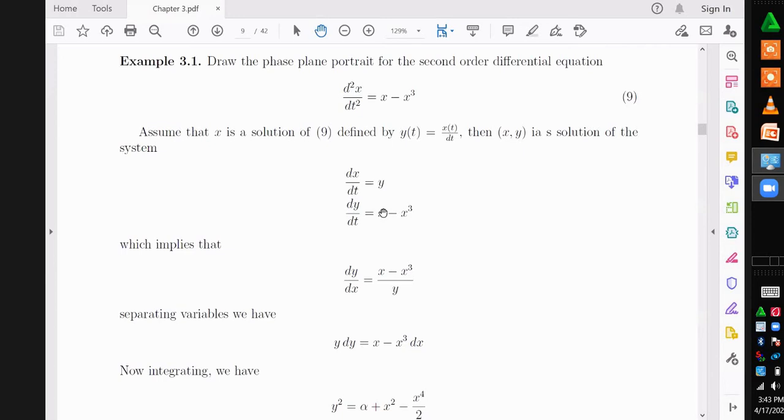Now from here you can see, just dividing these equations, dy by dx is x minus x cube over y. Now just separate variables, shift these to the left side, also shift these to the right side. So this is y dy is x minus x cube dx.